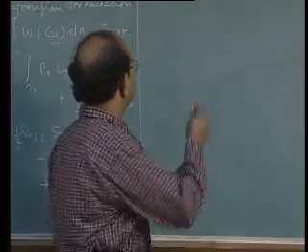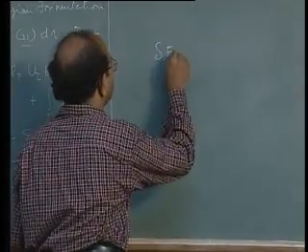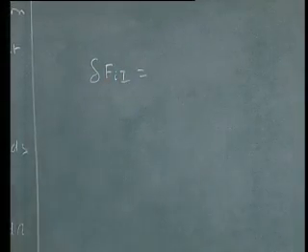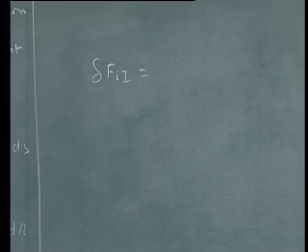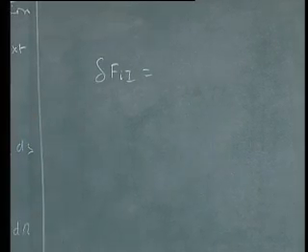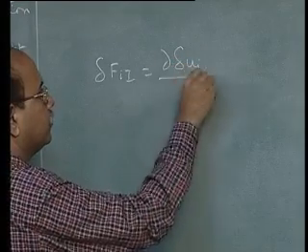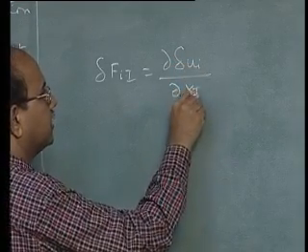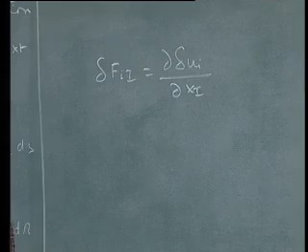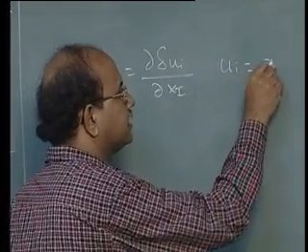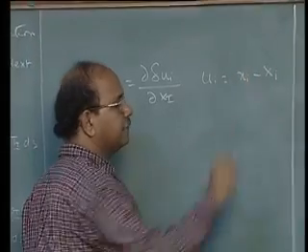Now, of course, all of you know that dou Fij can be written as, how do you write this? This is equal to dou of this, we had seen this before, xi. This comes from the fact that ui can be written as xi minus capital Xi.